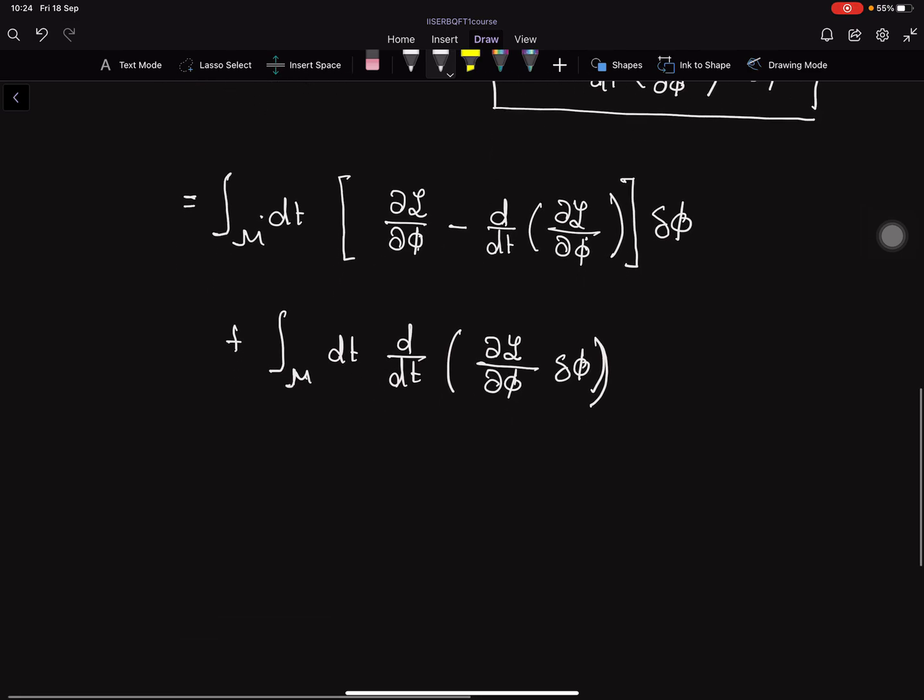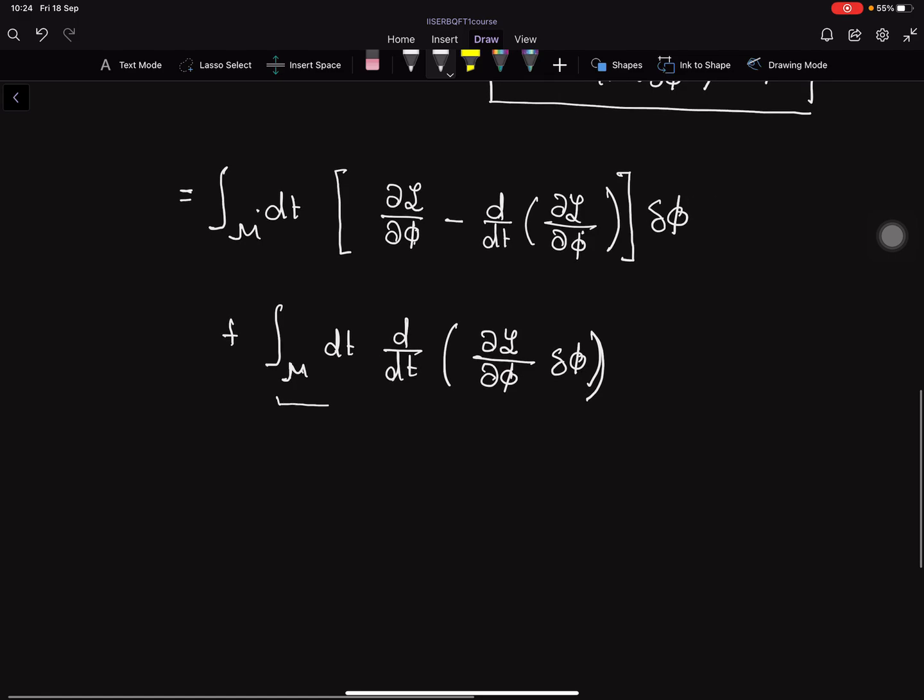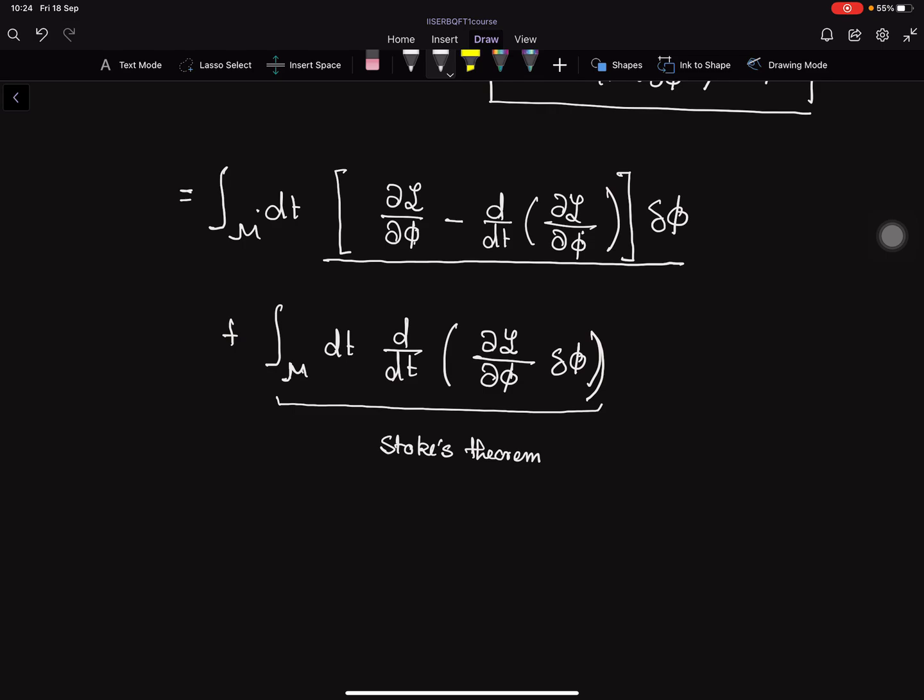So you see now for this term, I can use Stokes' theorem. This term simply becomes an integral over the boundary, delta m, of del L del phi dot delta phi.